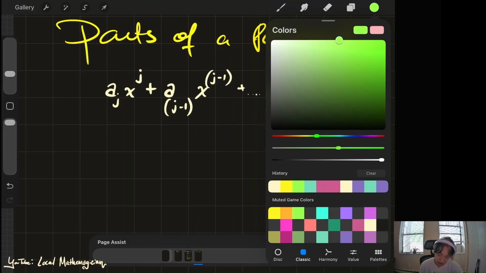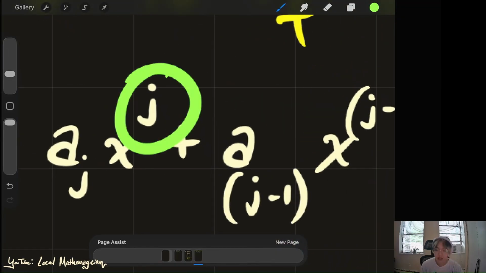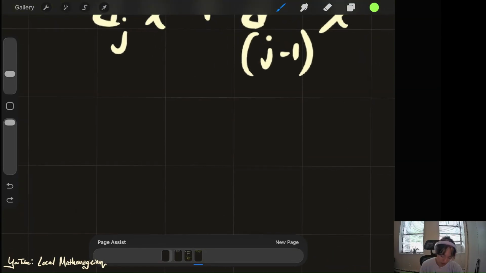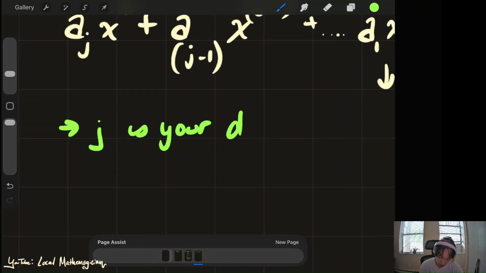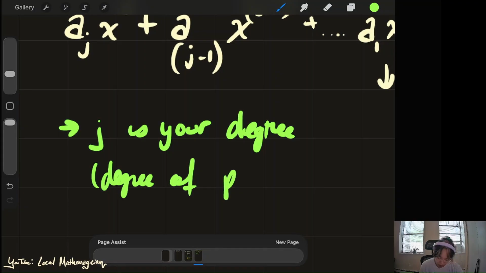If you notice, this is going to be the biggest exponent you have. So whatever the biggest exponent is going to be j, and j is going to be your degree. It's also called the degree of the polynomial.